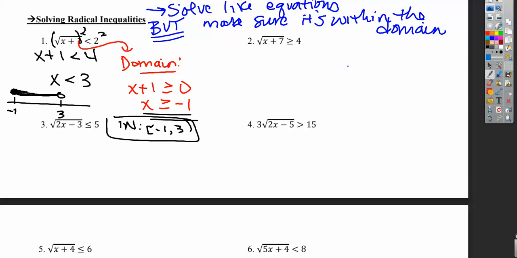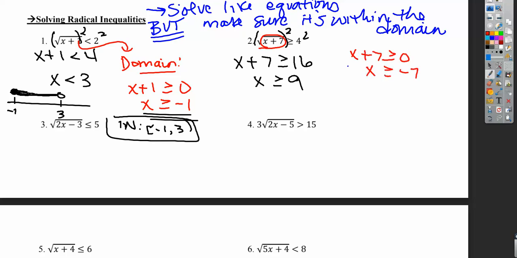If I go ahead and do number 2, I'm going to square both sides. So I have x plus 7 is greater than or equal to 16. So x is greater than or equal to 16 minus 7, which is 9. Now I have to take the domain, x plus 7, and make sure it's within that. x has to be greater than or equal to -7.